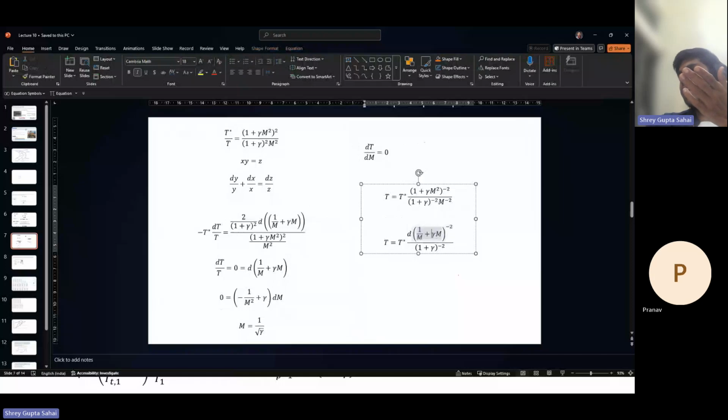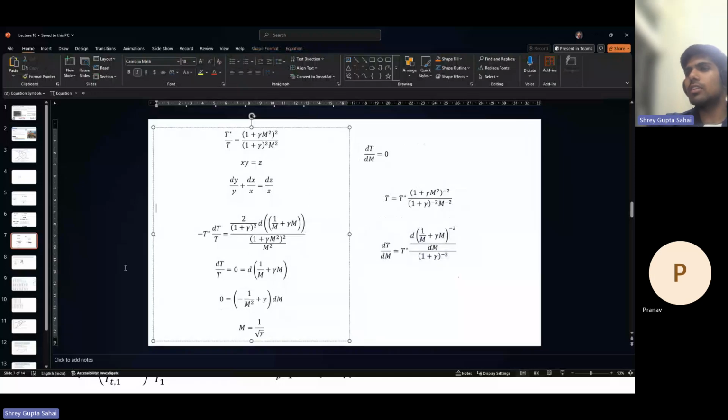And now you can see that essentially the differentiation of this term has to go to 0 if we are doing this. So essentially you can see that the Mach number has to be 1 by square root of gamma to get you this expression. So this was one small derivation.